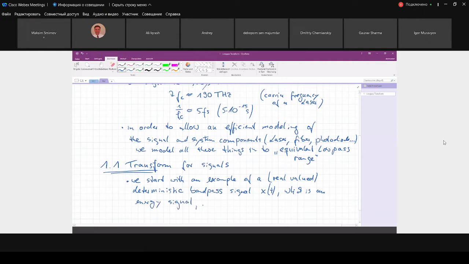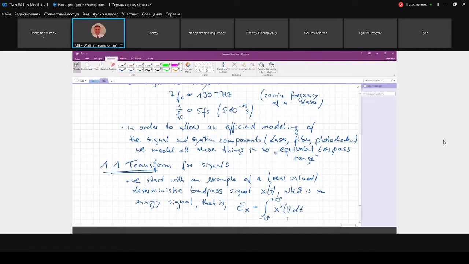That is, if we take a look at the system theoretic energy of this x of t, it's limited. A periodic signal would not be, because it has an infinite length in theory. So we could say the energy is equal to the integral from minus infinity to plus infinity of x squared of t dt.